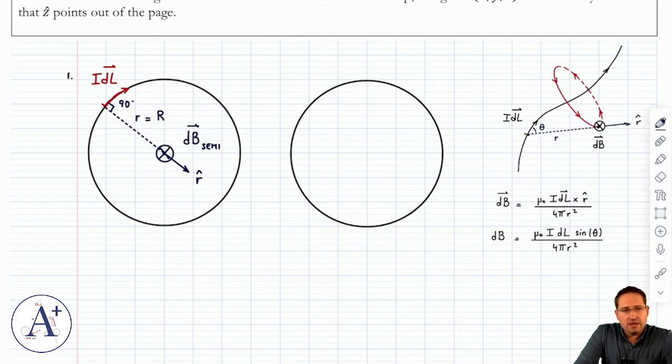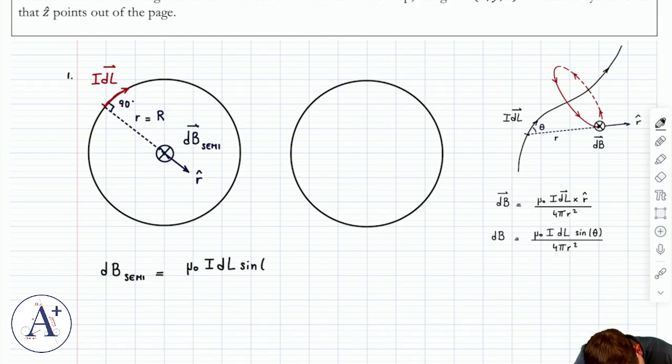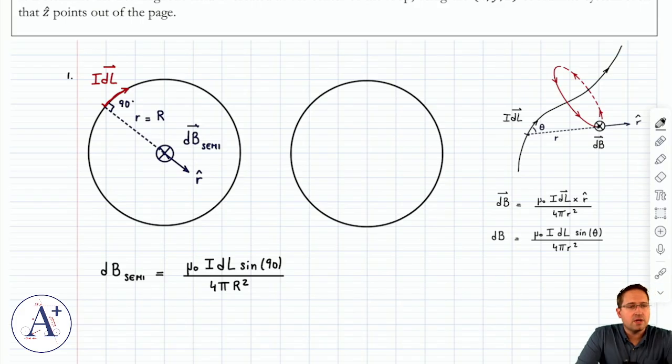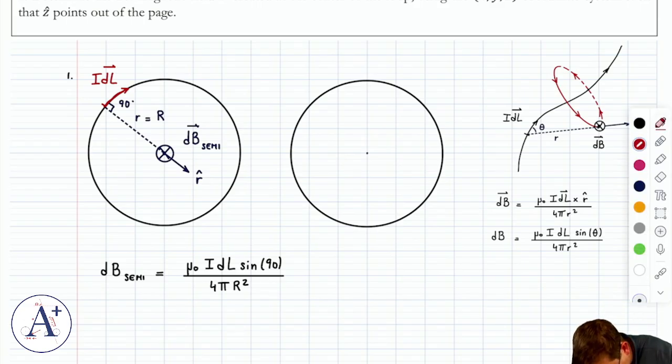All right, so that tells me a lot already. It tells me that dB semi in magnitude, because I already know the direction, is mu naught I dl sine of 90, which is 1, divided by 4 pi, and little r is big R squared. There we go. The only thing that's left is to figure out what dl is. Okay, well, what is dl? This is why I have a separate drawing.